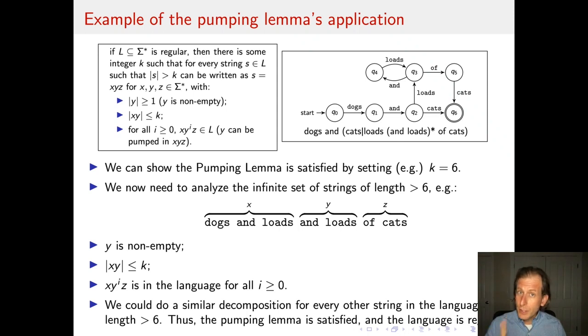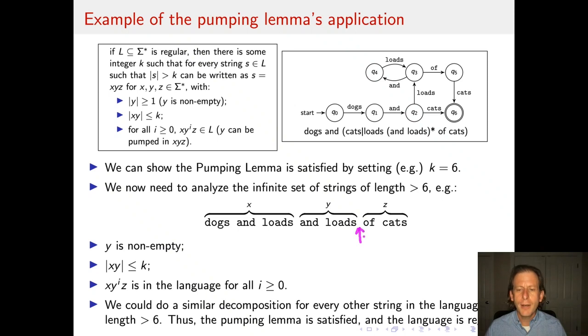Now that was only one string. We actually have to show this for any of the infinite set of strings of length greater than 6. However, it should be very clear to you that in this case, any such string will have additional and loads components in what can be understood to be this position.